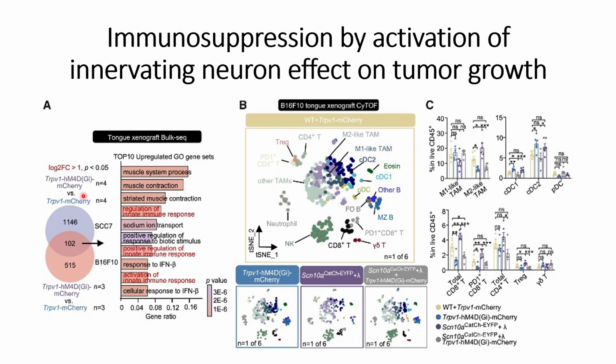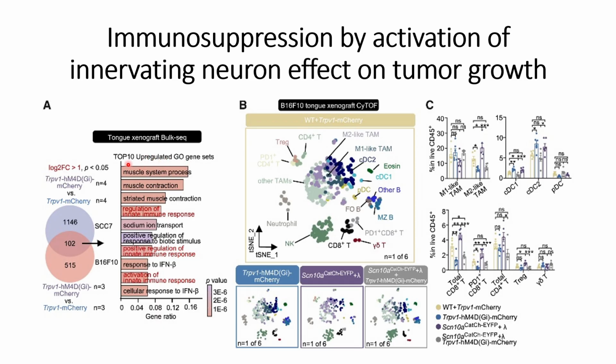The first is chemogenetic inhibition, that is HM4D-GI, and the second is the control, which does not have the chemogenetic reagent. They looked at the genes upregulated in chemogenetic inhibition using gene ontology analysis.